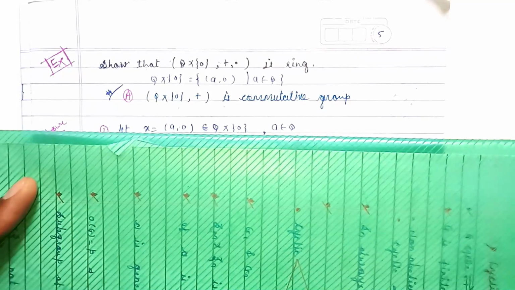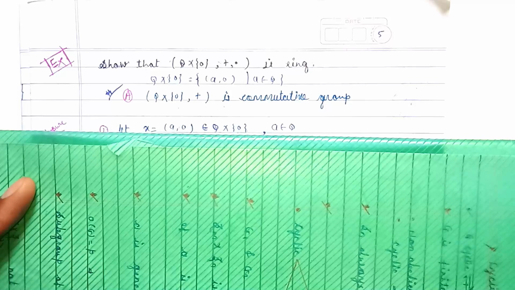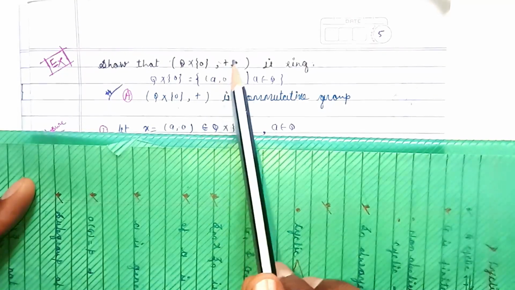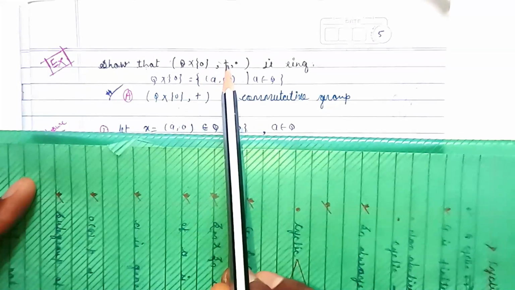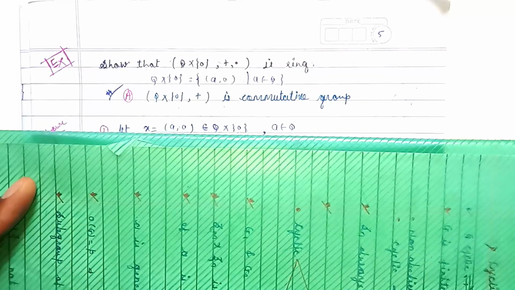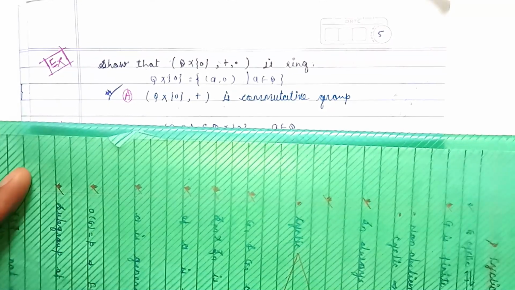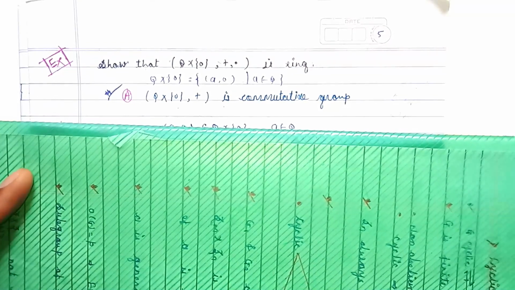Now the first property says that we have to show that Q cross {0} under addition is a commutative group. But to prove this commutative group, we need to know which elements belong to our set.